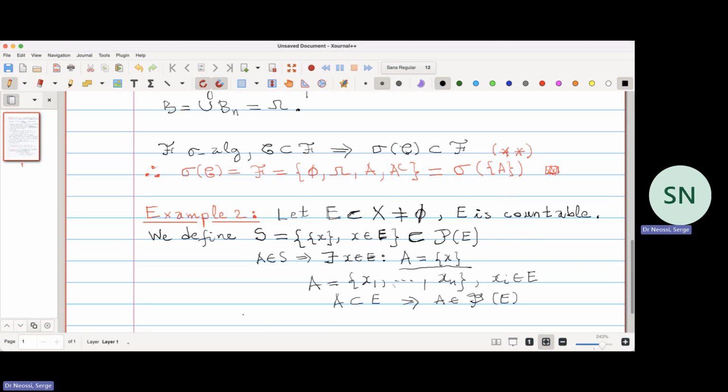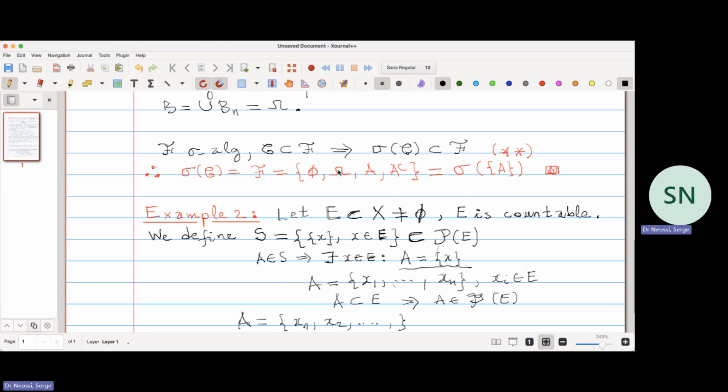So A can also be x1, x2, right, up to infinity, because it's countable.